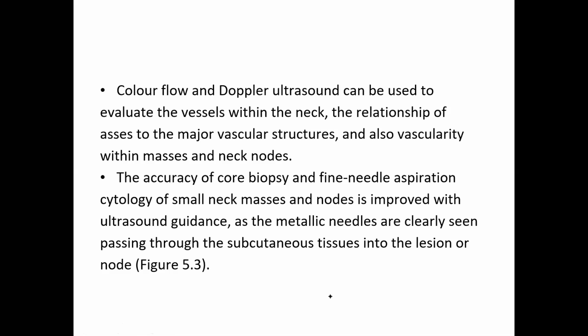Color flow and Doppler ultrasound can be used to evaluate the vessels within the neck, the relationship of the SS to the major vascular structures, and also the vascularity within masses and neck nodes. So Doppler color flow will be helping us to see the vessels.